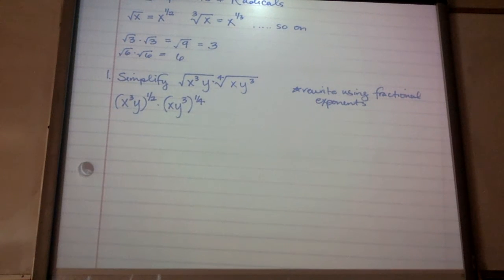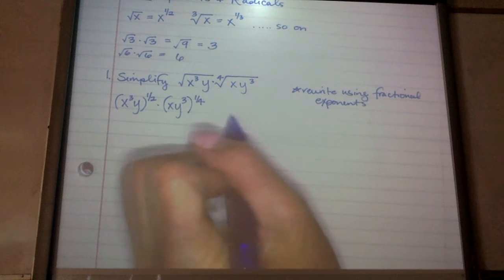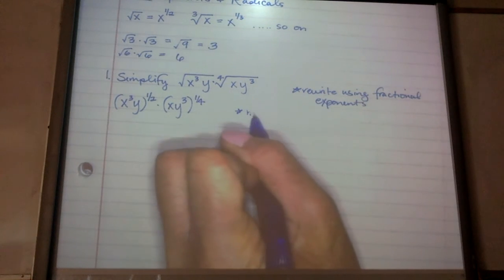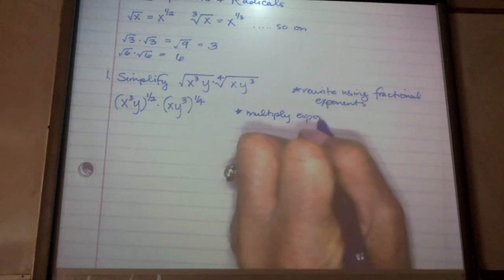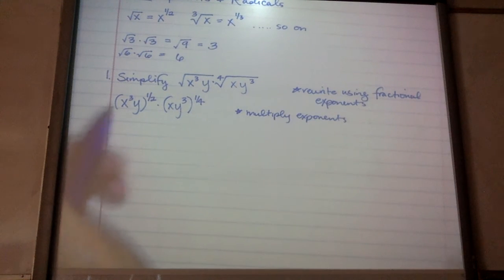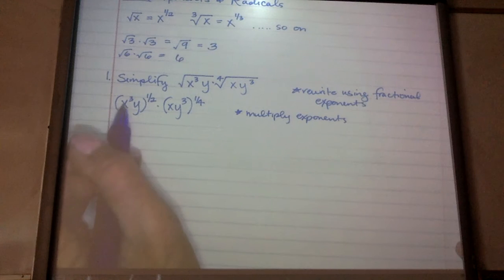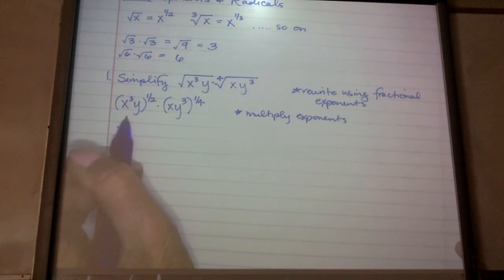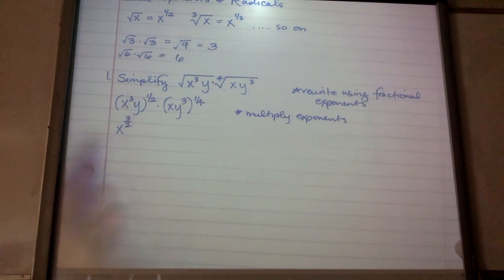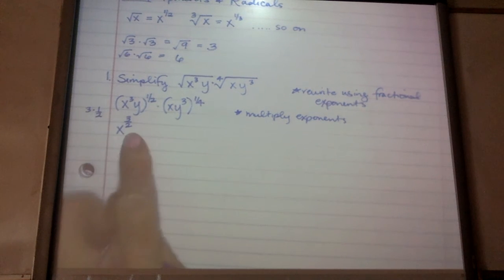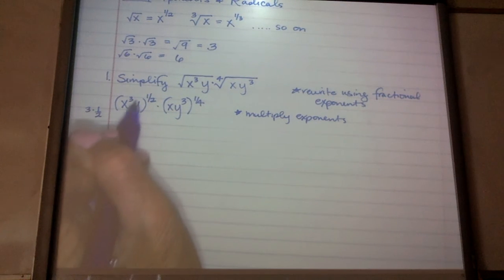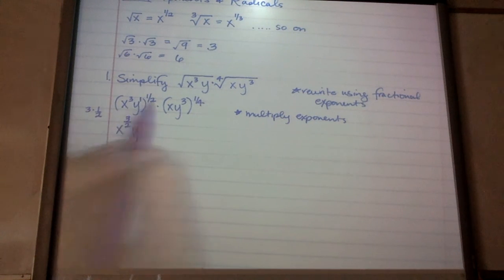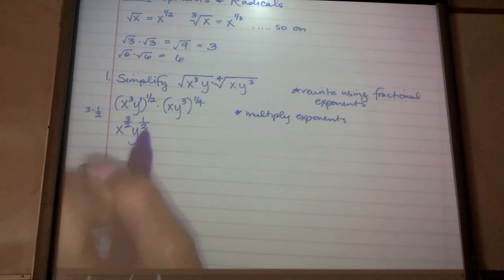Now from here, remember, this is a review, I'm going to multiply my exponents. So x to the 3rd times 1/2 would be x to the 3/2. There's an invisible 1 underneath it. 3 times 1/2 is 3/2. And then y, there's only an invisible 1 here, so 1 times 1/2 is just 1/2.